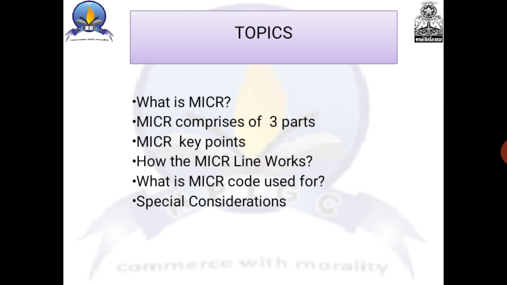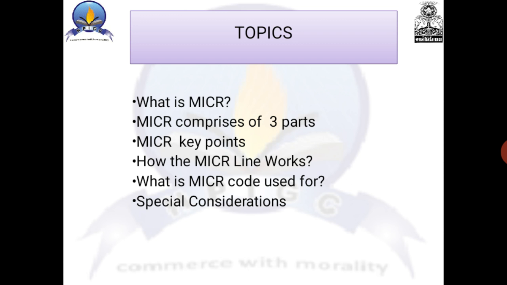This code is mandatory for fund transfer from one bank account to another. Every bank branch will have a unique code, and no two branches, even of the same bank, will ever be the same. In an IFSC code, the first 4 characters represent the bank and the last 6 represent the branch.